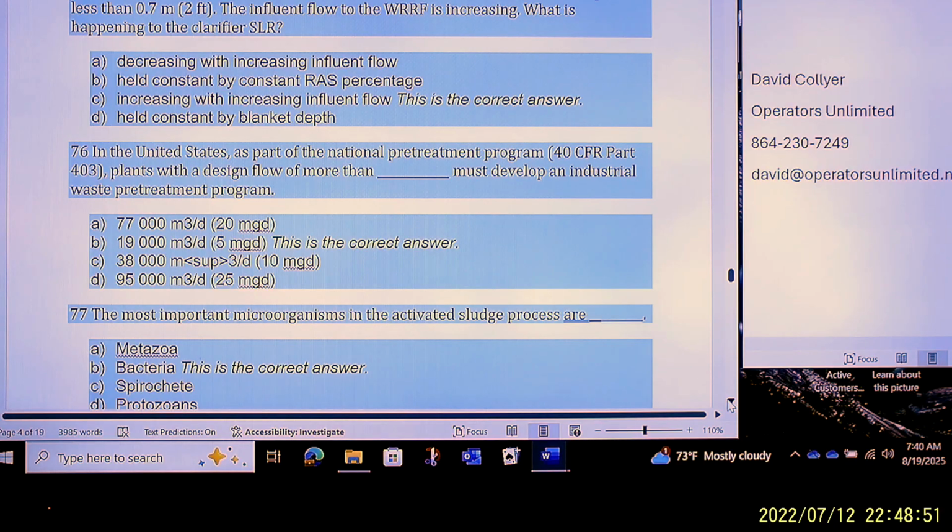A, decreasing with increasing influent, B, held constant by the constant RAS percentage, C, increasing with increased influent flow, D, held constant by the blanket depth. The answer to 75 is C, increasing with increasing influent flow.